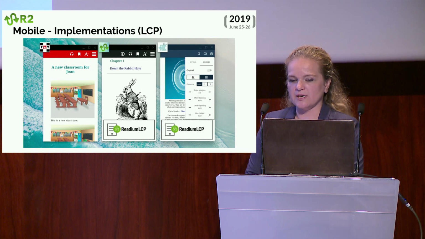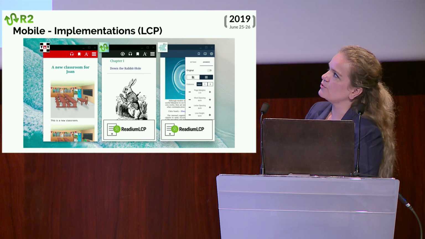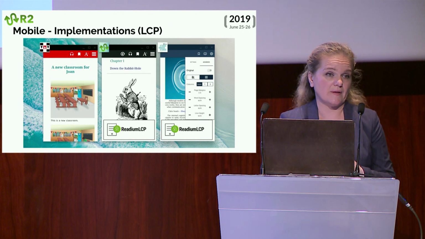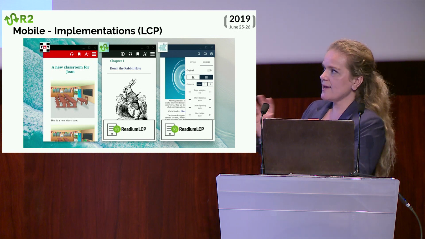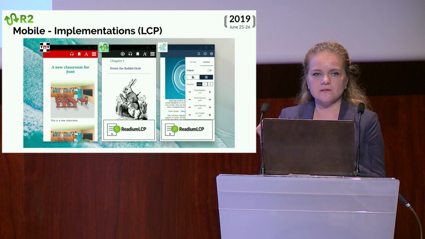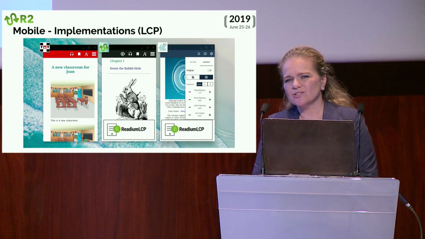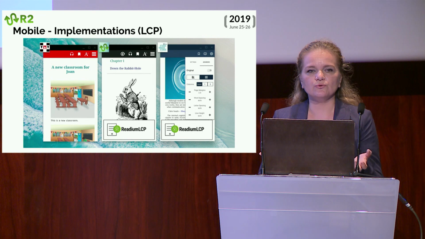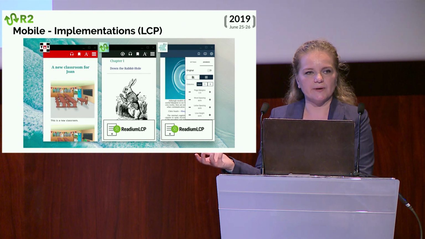The last screen here is something I've added, because both of these apps, the R2 reader and also the Dita Reader, have an LCP implementation. The way I've done the LCP implementation in the Dita Reader is basically the exact same way as it's done in the R2 reader. I actually used that implementation to see what we can improve in the R2 reader in order to more easily implement it in other apps.